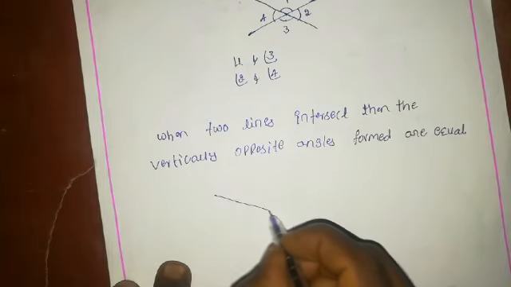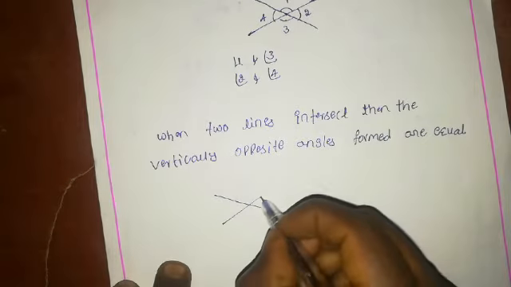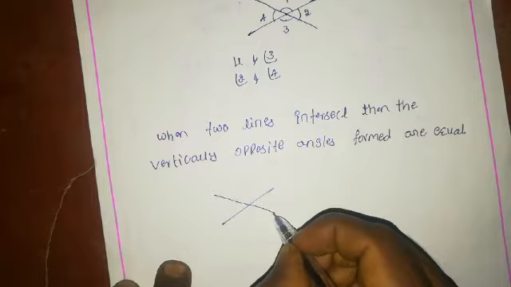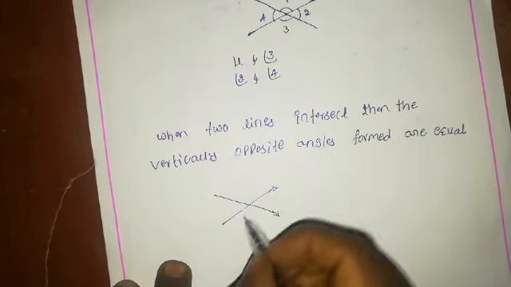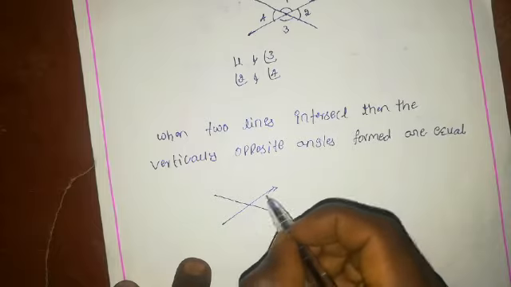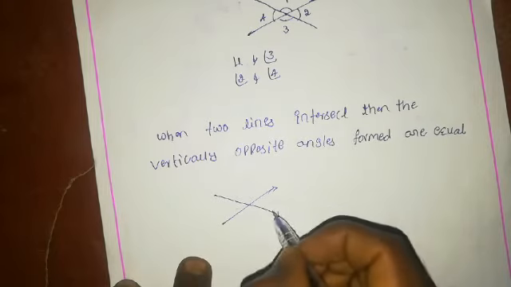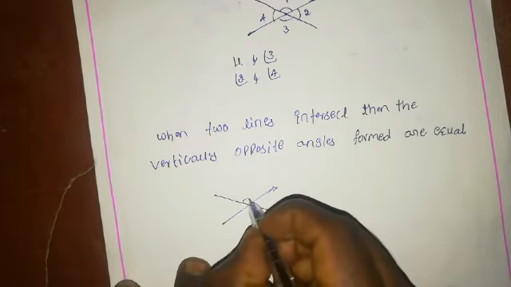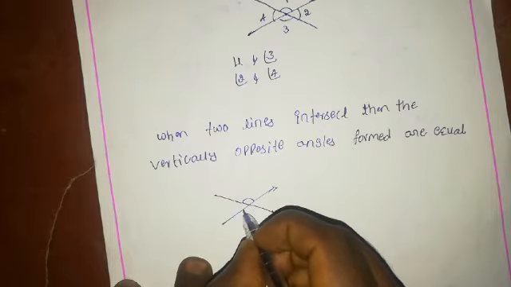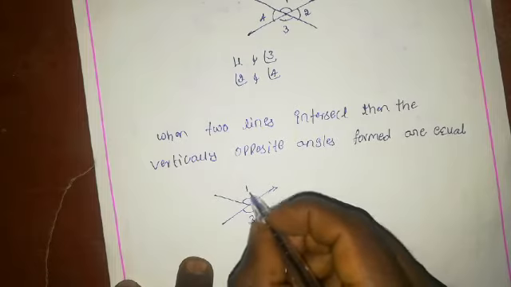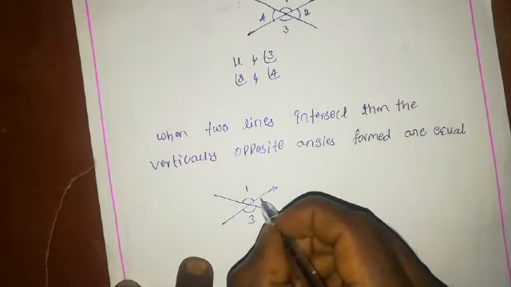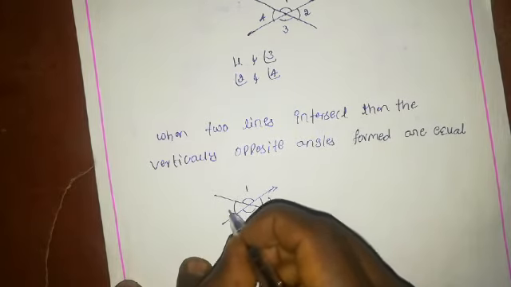It means, if we consider two lines, this is one line and this is another line. When they intersect like this, the vertically opposite angles, which means for this angle the vertically opposite angle is this. This is angle 1 and angle 3, and this is angle 2 and this is angle 4.